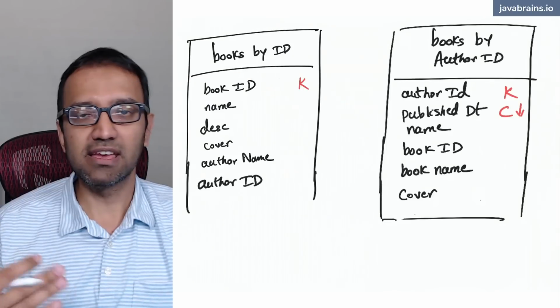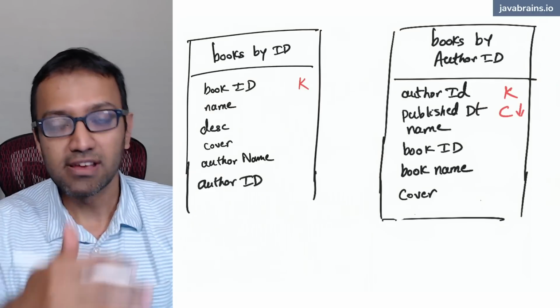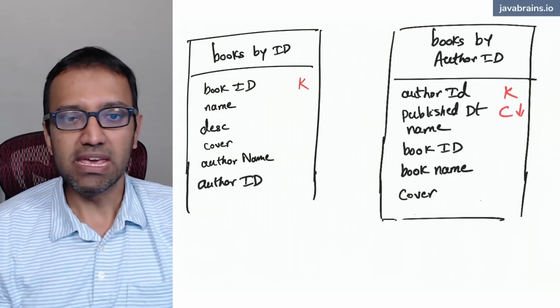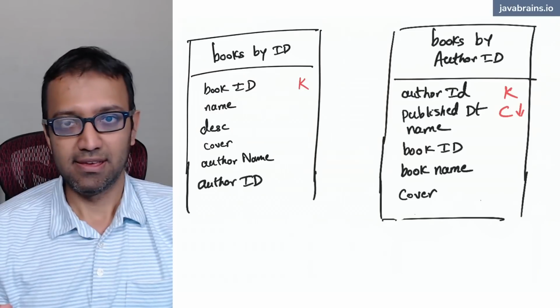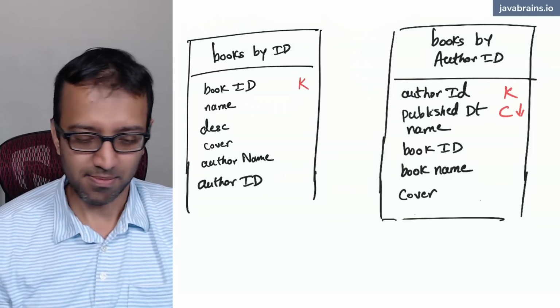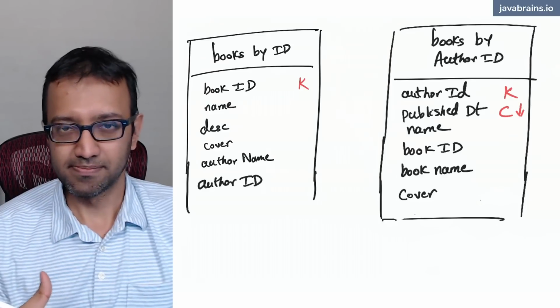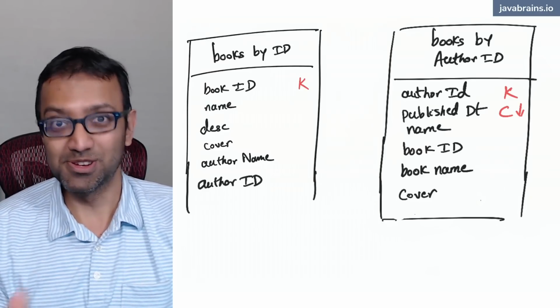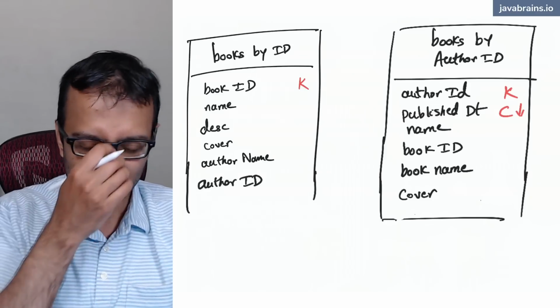Clustering column is basically a way for you to tell Cassandra, hey, I want the data in this table to be sorted in this order, okay? It's going to be sorted in that order, so it's ready and available so that you don't have to sort it at the last minute, okay?